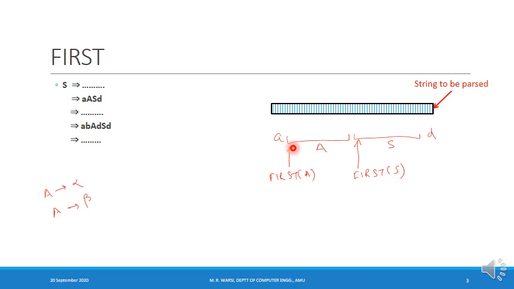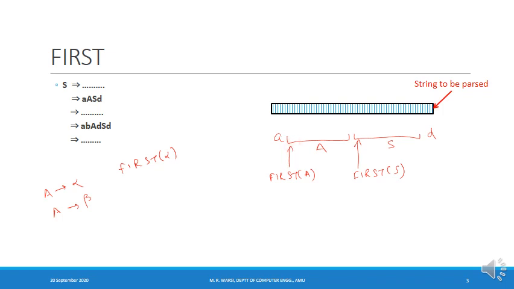If the first terminal symbol of the component which is derivable from capital A is beginning with first of alpha, then in that case it is derivable from the production capital A derives alpha.